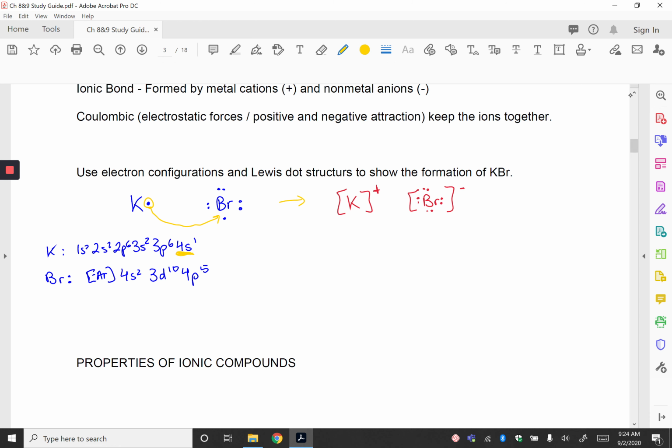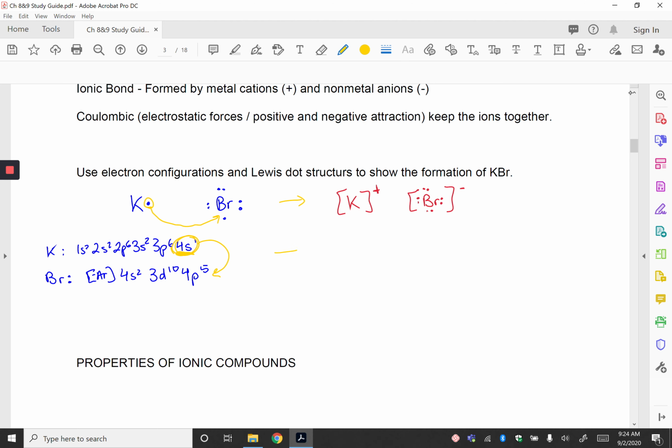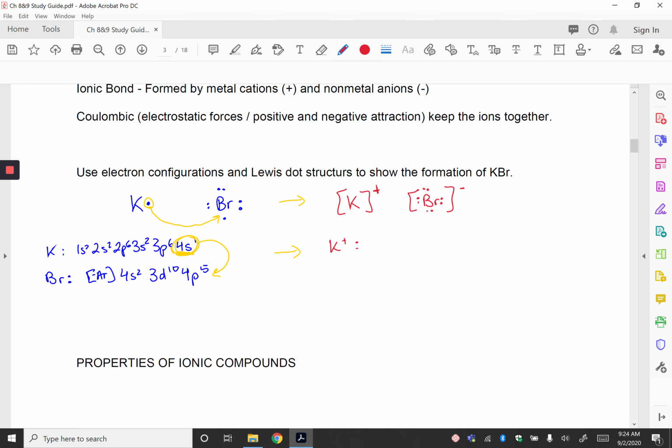This would be much more stable if we remove this, and this would be much more stable if it has one more electron. So the potassium gives that electron to the bromine to go into the 4p, and so what you end up with is K plus, which now is 1s2, 2s2, 2p6, 3s2, 3p6, and bromide, which is argon, 4s2, 3d10, 4p6.